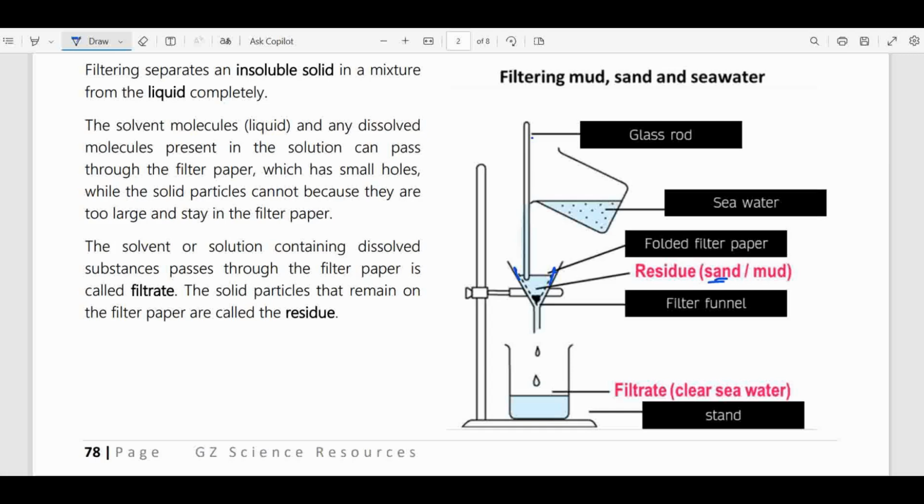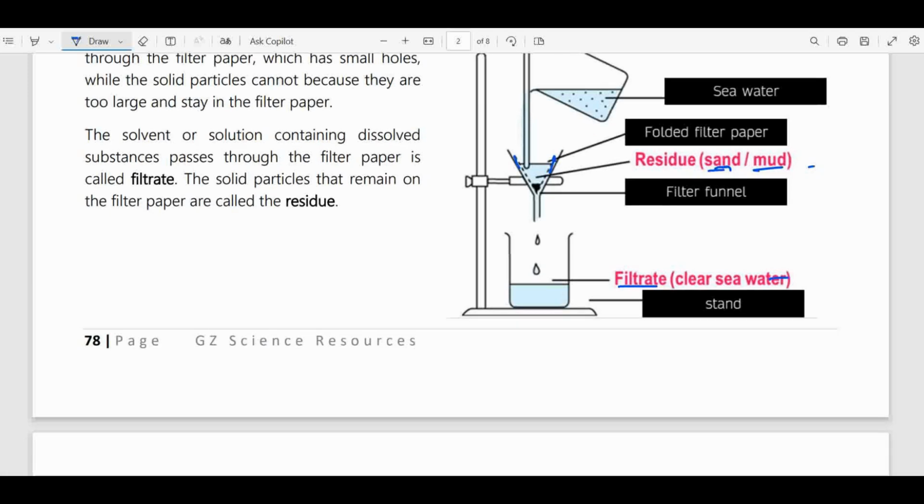So you have your sand or your mud or your salt, and the clear solvent will be called your filtrate or your clear seawater. So this is a typical example of what you need for filtration.